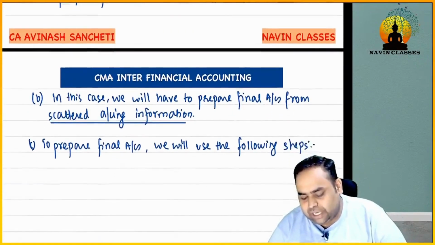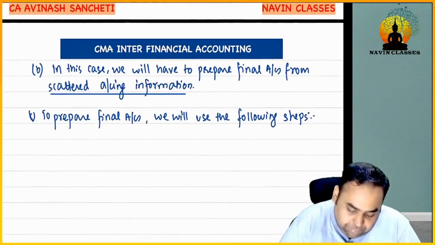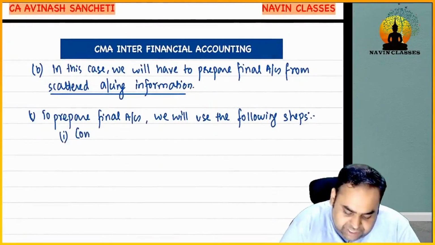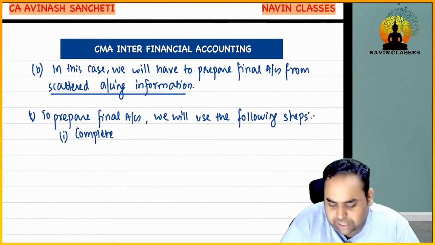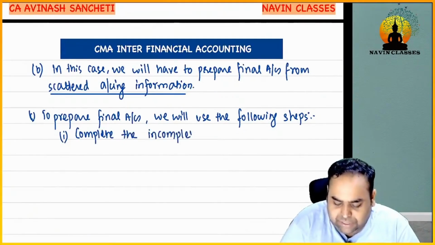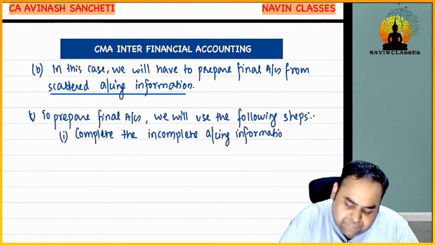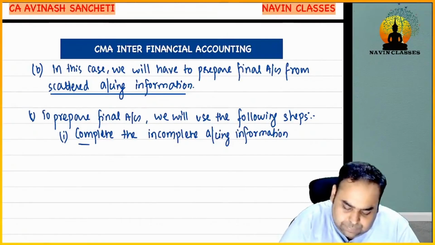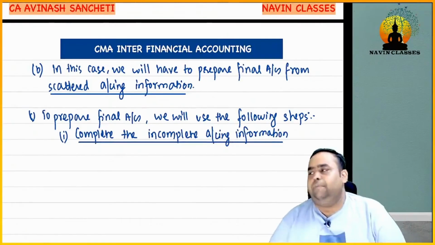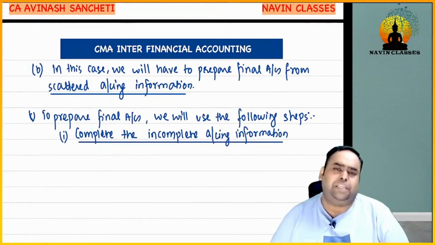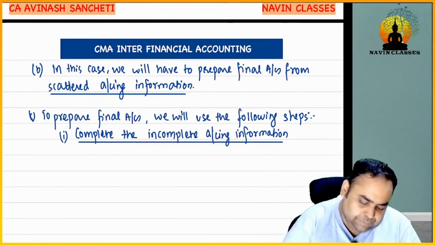Number one is to complete the incomplete accounting information. So first of all, I will complete the incomplete accounting information.